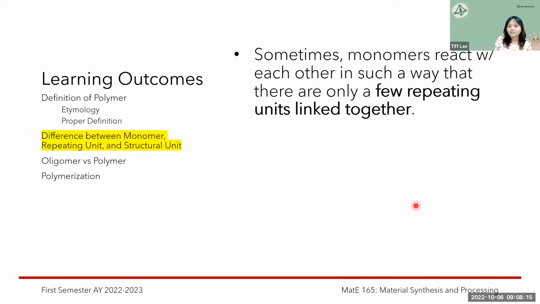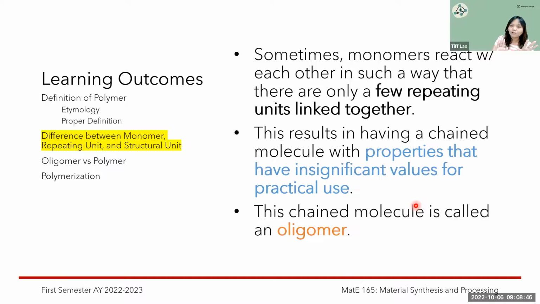Okay? So, in other words, monomers react in such a way na few lang yung repeating units that are linked together. And kapag onti lang yung nagka-copy-paste na repeating units, ang resulta niyan, chained molecule na may few repeating units, ay oligomer.